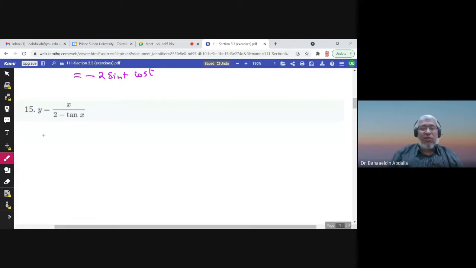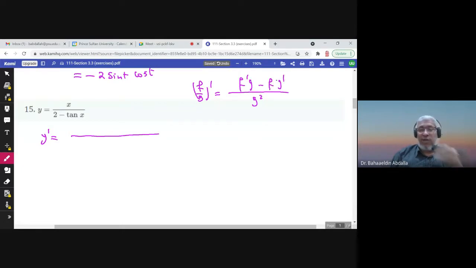Here I need to use the quotient formula. What the quotient formula says is that the derivative of f over g is f prime times g minus f times g prime, over g squared. So I have 2 minus tan x all squared. This is g squared. The derivative of x is 1 times minus tan x, minus x times the derivative of 2, which is 0.